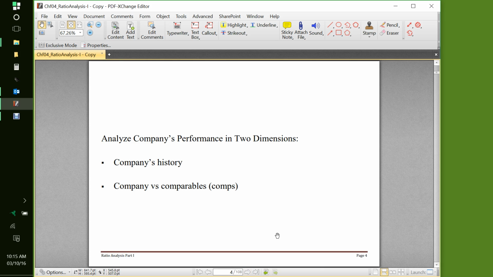So what we want to do is try to improve on this, and in general, we're going to be looking at a company's performance in two dimensions as we move through this improvement. First, we'll be looking at a company compared to its history, and second, we'll be looking at a company versus what we call its comparables or comps.